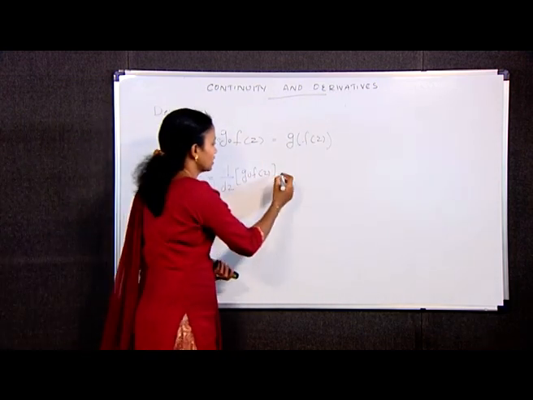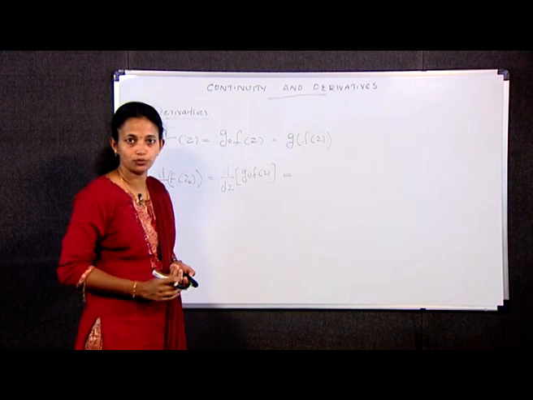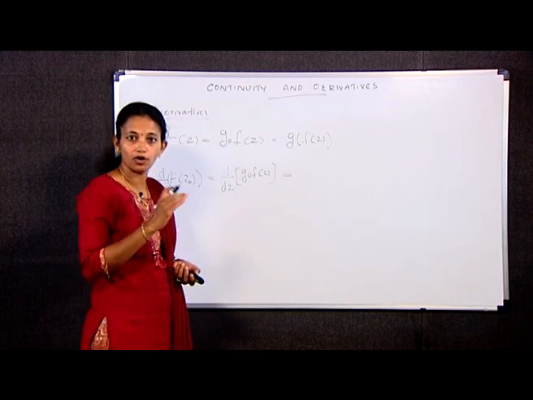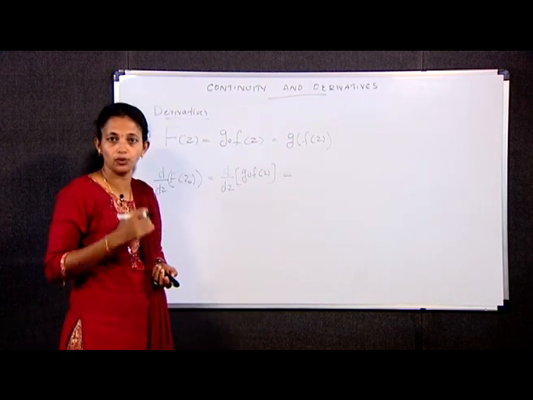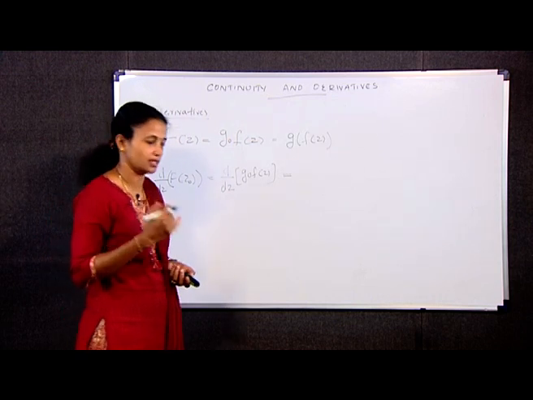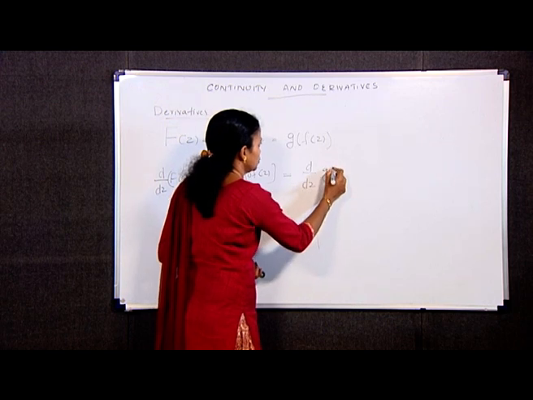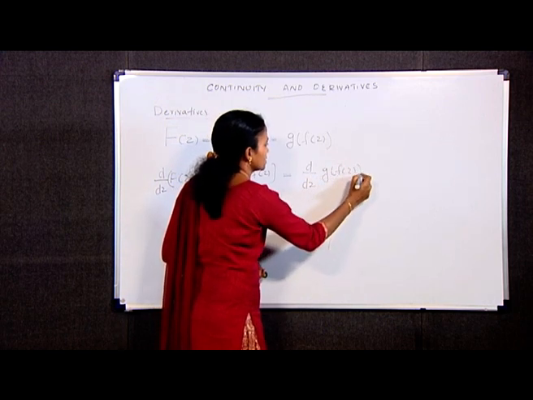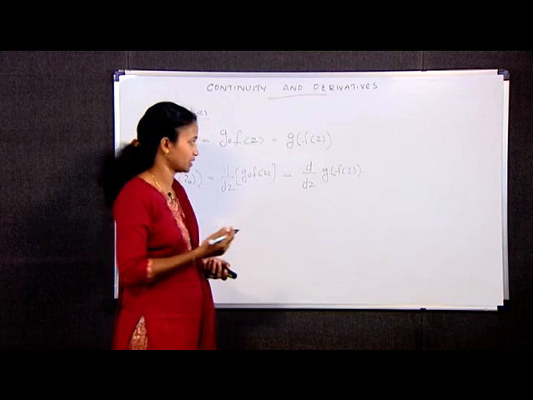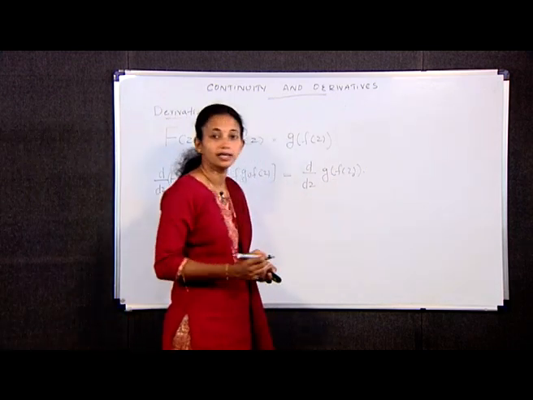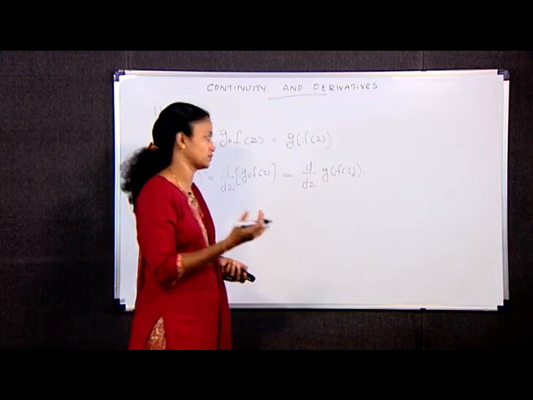Here we can use the product rule, that is, g'(f(z naught)) into d by dz of f of z naught.